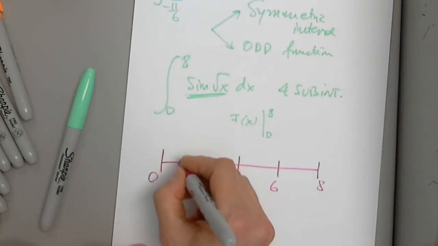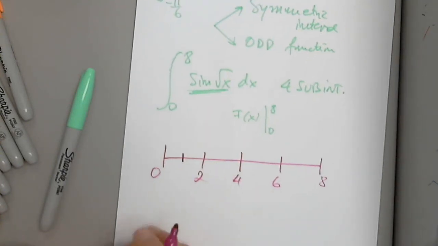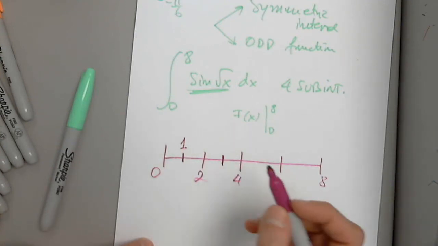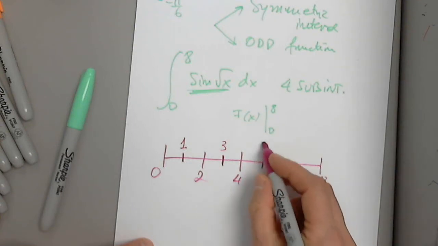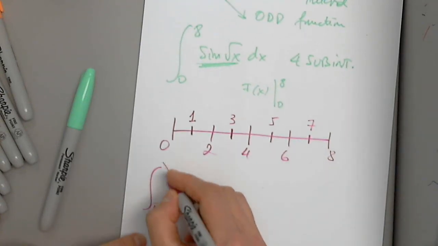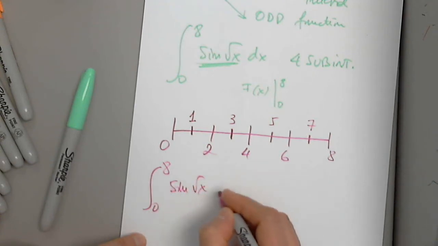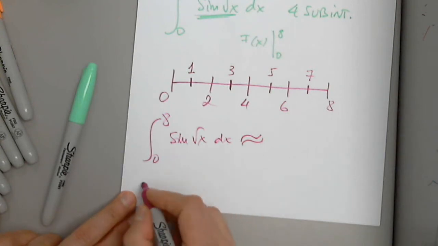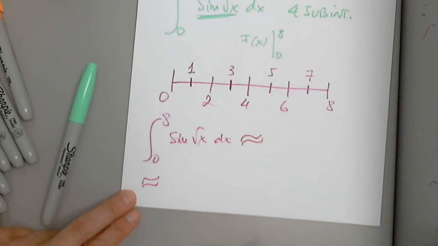But we're asked to use the midpoint. Right. So what is this? That's 1. What is this? Okay. What is this? Very good. So then the integral from 0 to 8 of sine of the square root of x dx is approximately delta x times... What is delta x?